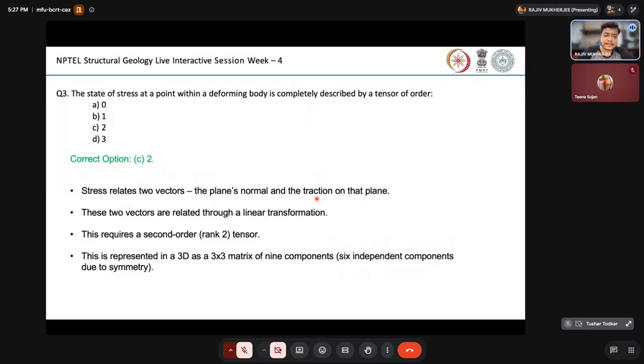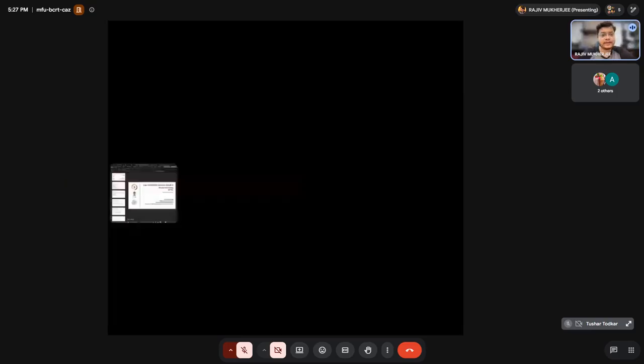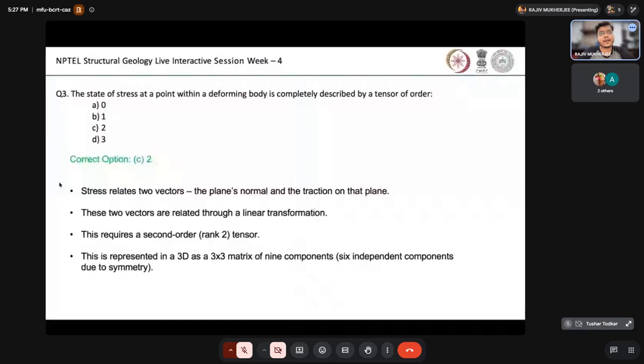If you calculate the determinant of that matrix, you will get the value. And from the matrix itself, since it is a three-dimensional matrix and it is an orthogonal matrix, you also get to calculate the eigenvectors.